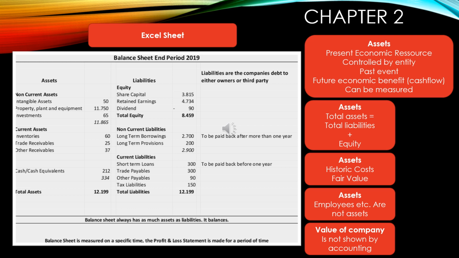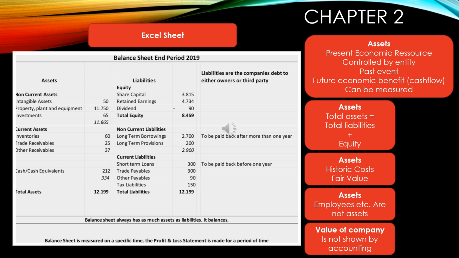in our company. And the asset should be something that we can measure faithfully. Again, the same definition as we had before. Total assets are obviously equal to the total liabilities and equity. And assets can either be measured in historic cost, which is what we normally do.